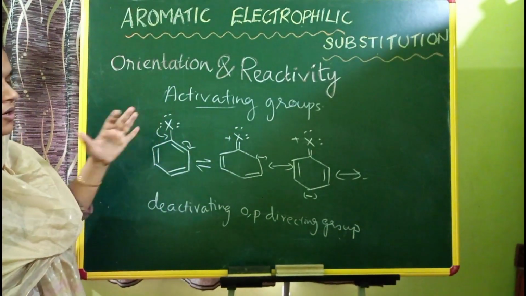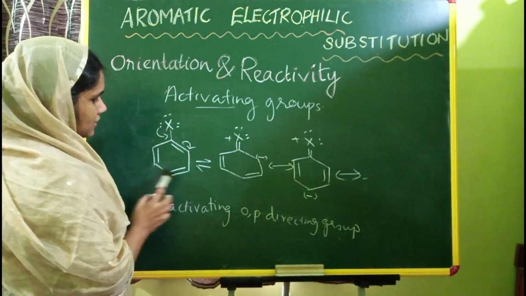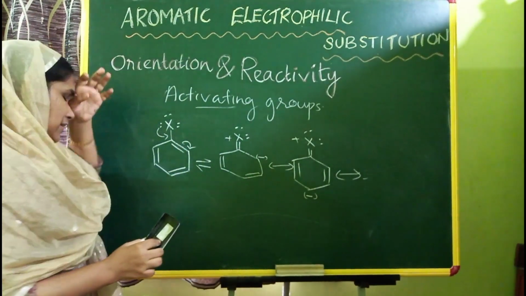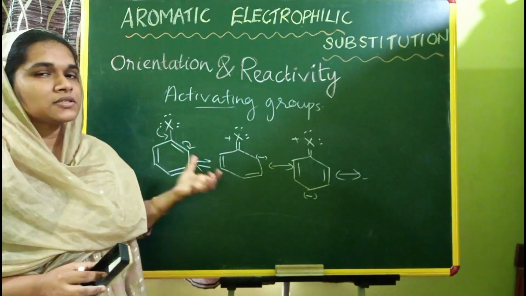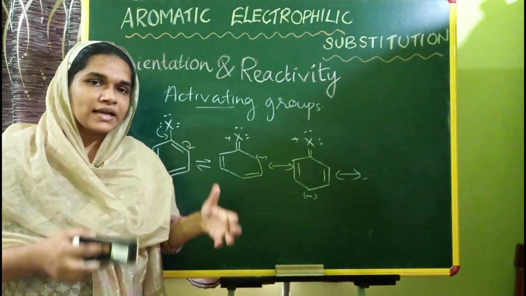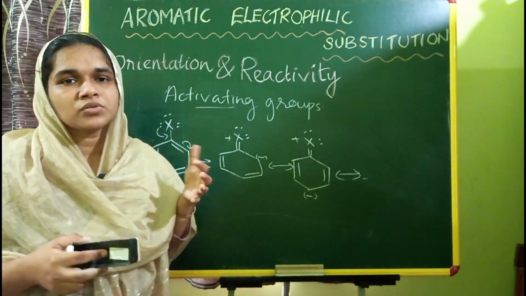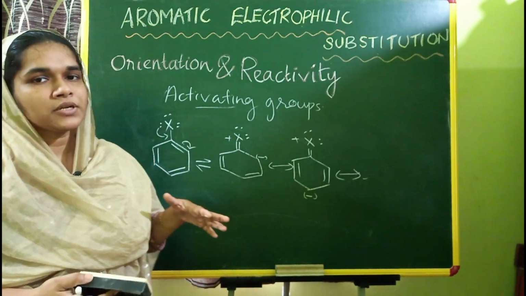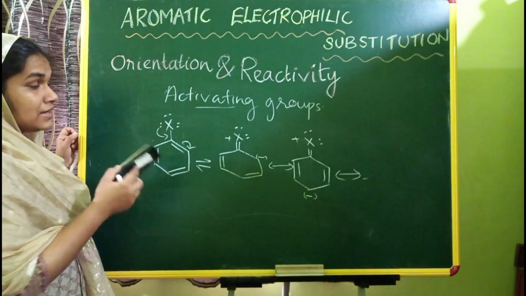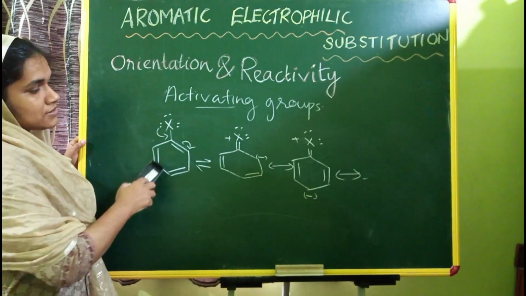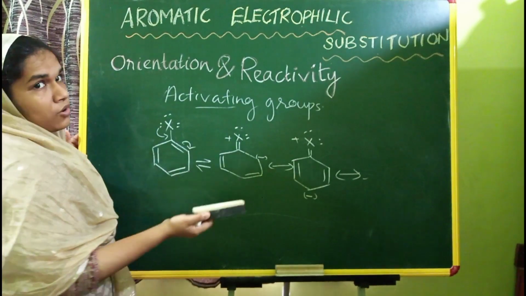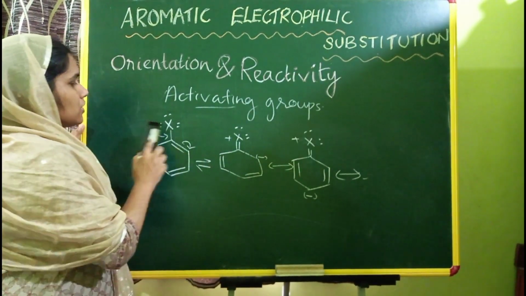Then the next one is deactivating groups. Deactivating means the reactivity of this electrophilic substitution will be less than that of unsubstituted benzene. That is why it is called a deactivating group. Since it is orienting at ortho and para, it is called an ortho-para directing group.